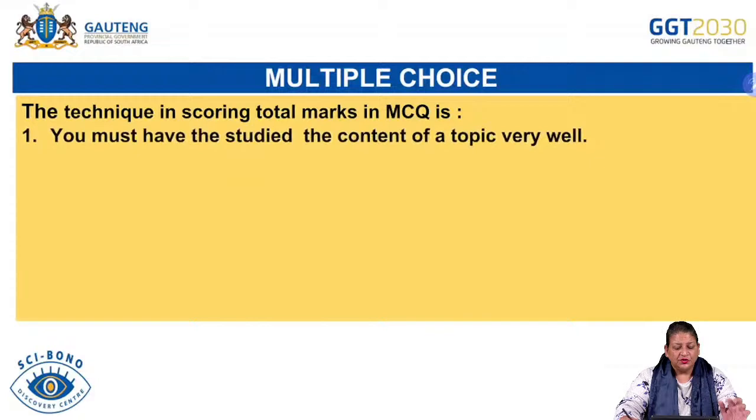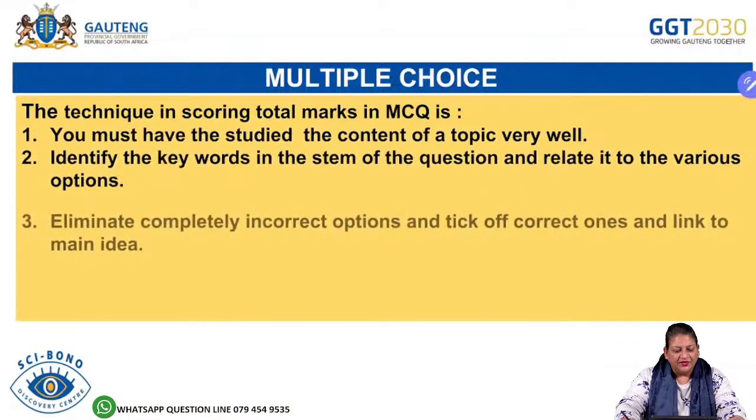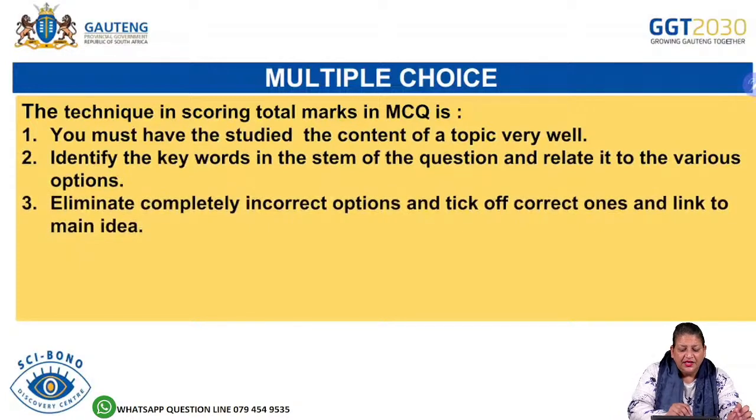So now we're going to think, if you know the content, you can do well. Then you must identify the key words in the stem of the sentence. So what are the key words that lead to the alternatives in the multiple choice? Then also you must be able to eliminate the incorrect answer. Somewhere the incorrect options will be given and you need to know, I must cross this out because definitely it's out.